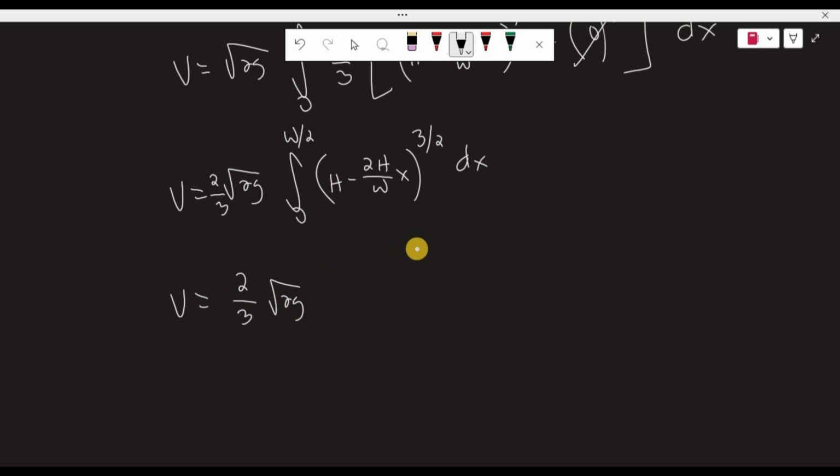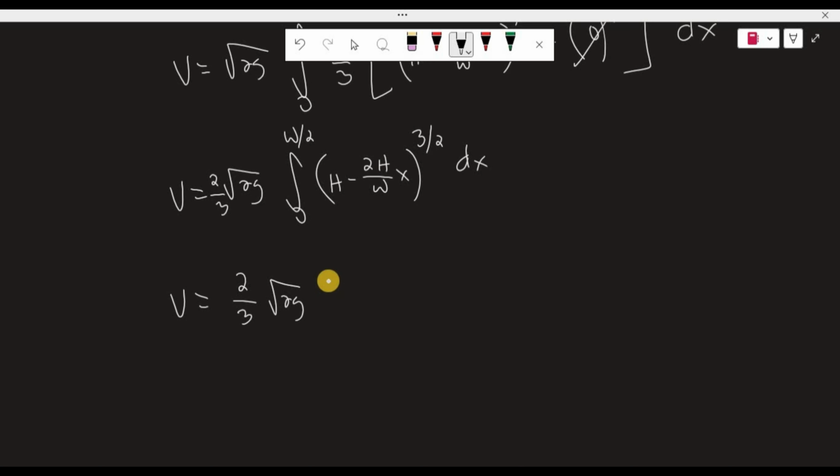Now to integrate this expression, first we need to find the derivative of the inside expression. The derivative is 2h over w.